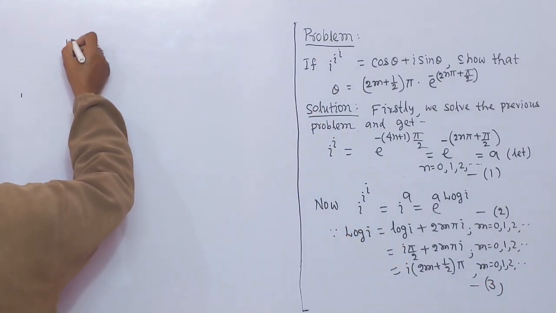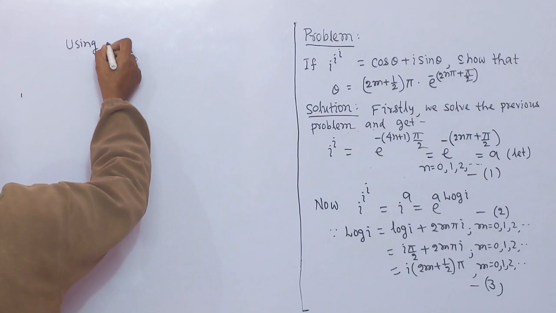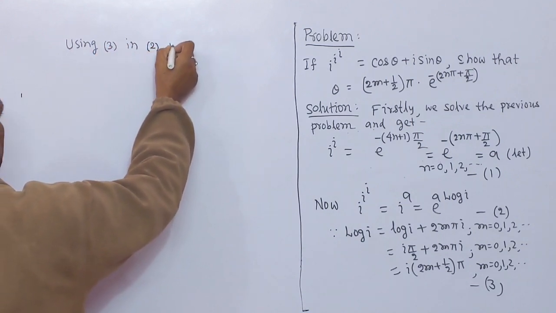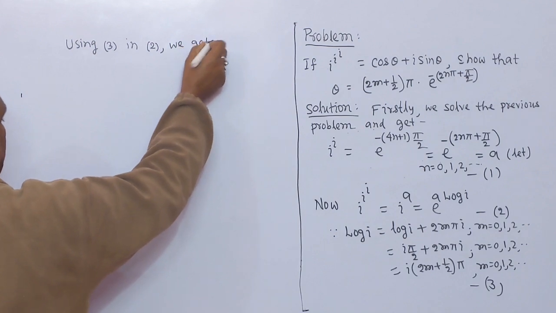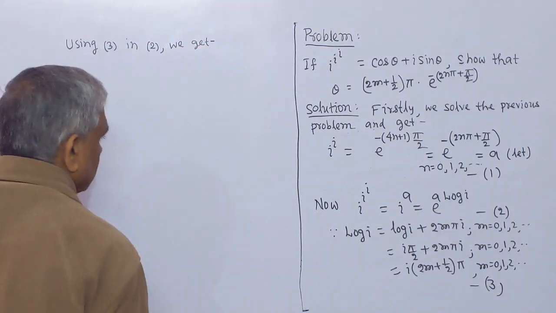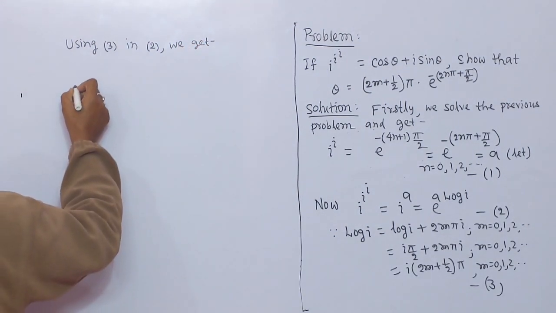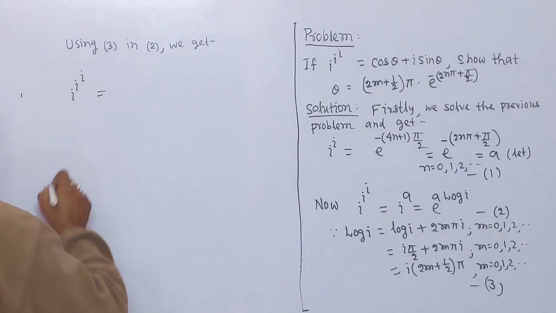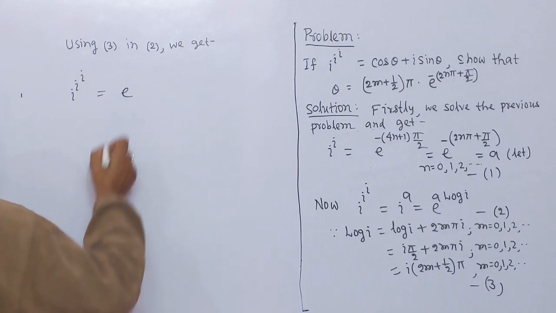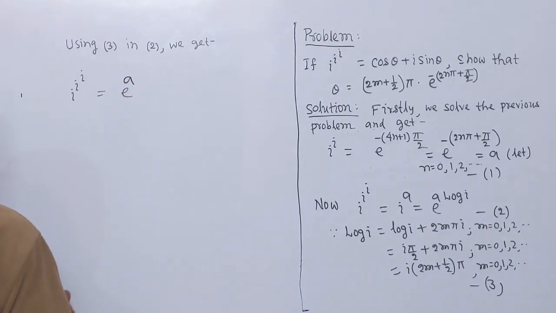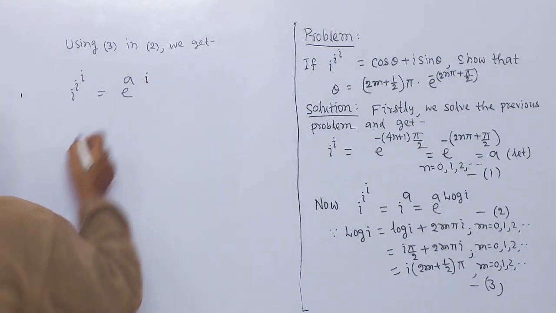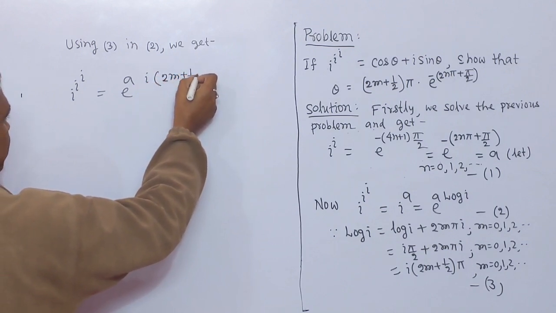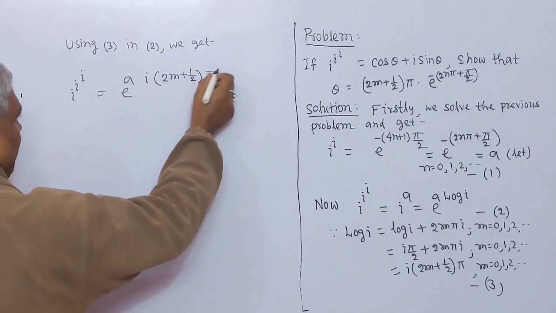Using 3 in 2, we get i to the power i whole to the power i equal to e to the power a log i, meaning i (2m plus half) pi.